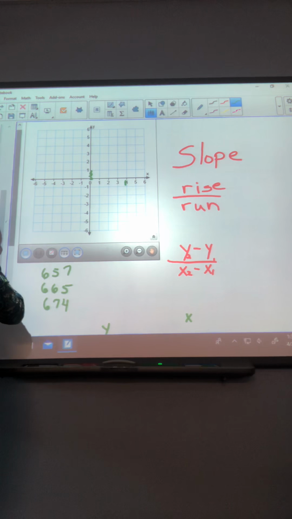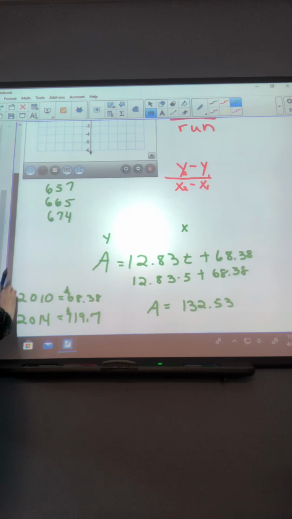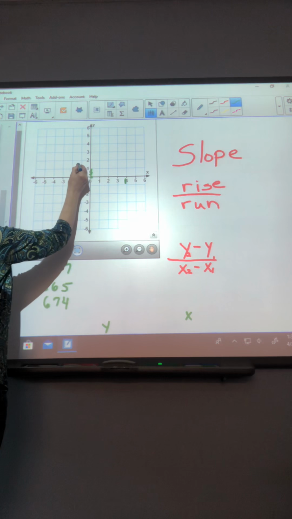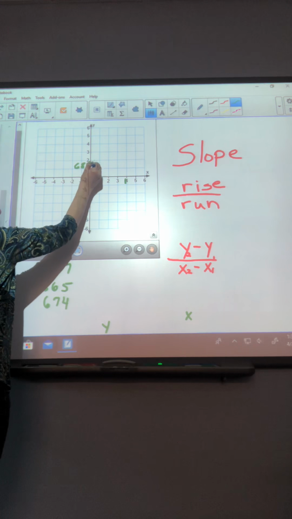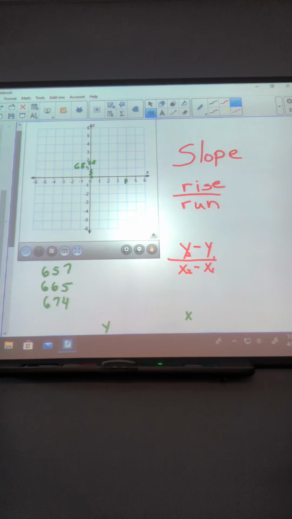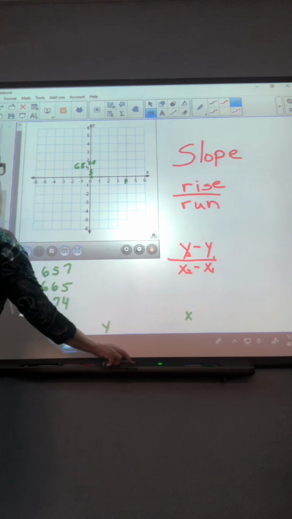Our first one was 68.38. I'm sorry that these are fat little numbers that are hard to read.